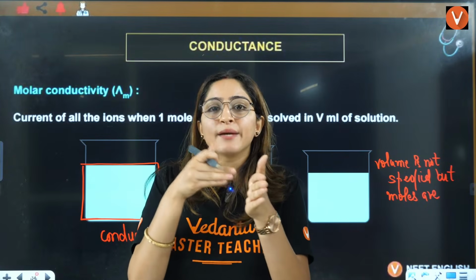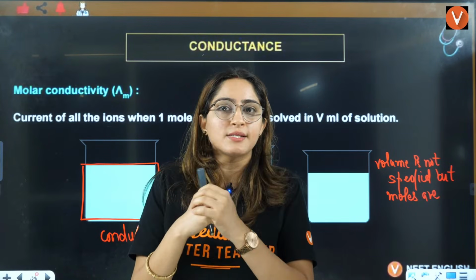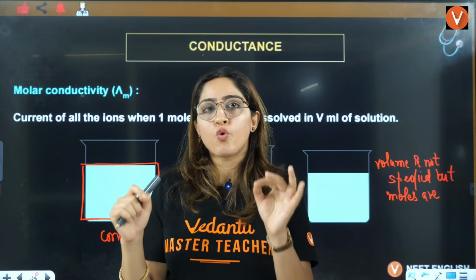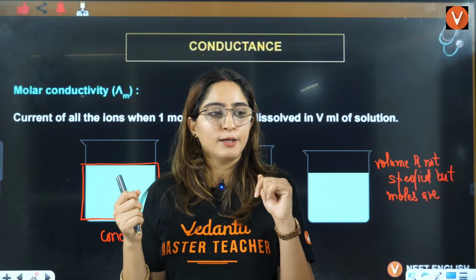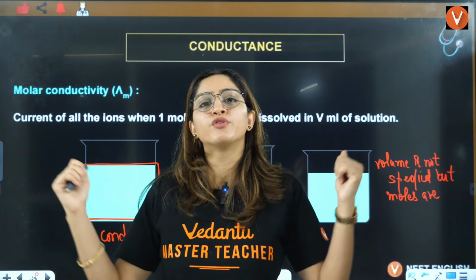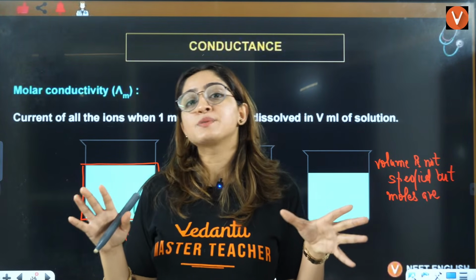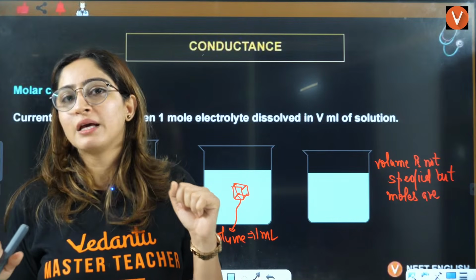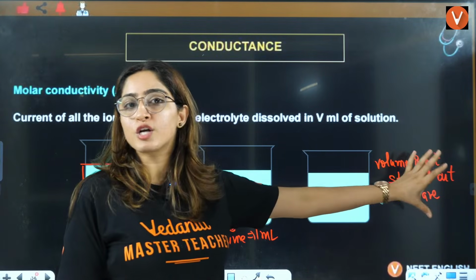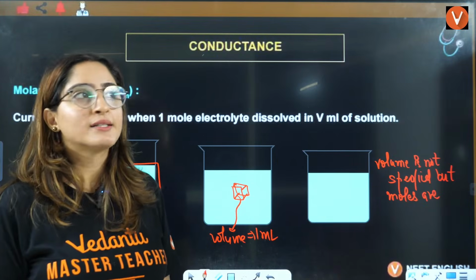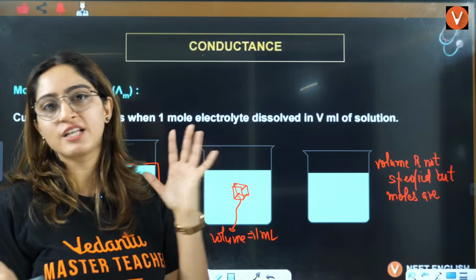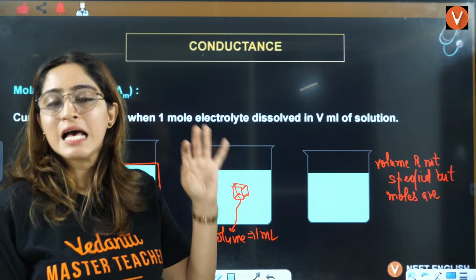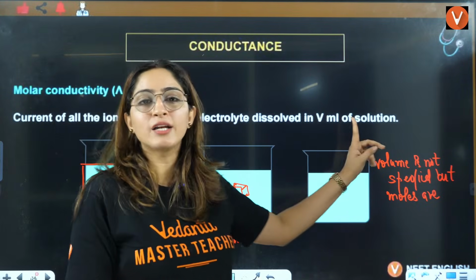That means I am specifying the number of students. If I say I'll teach only in one big hall, in this much size of the room, then I am specifying the volume of the room. So here they are not specifying the volume. They are not saying that I'll teach all the students that I can cover in one room. They are saying that I'll teach 1 mole of students.